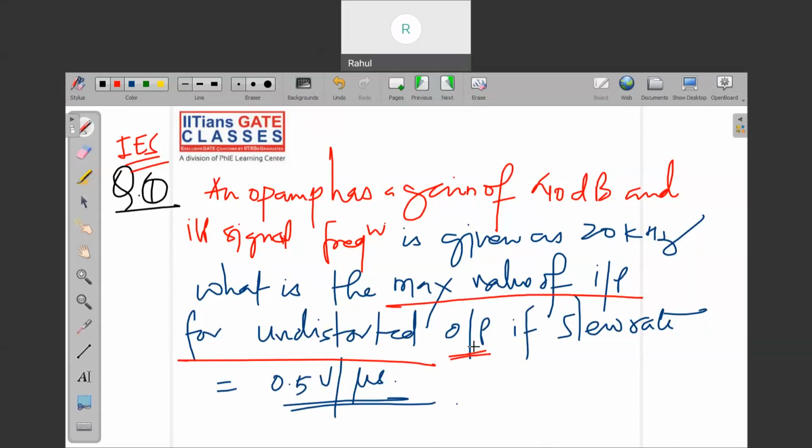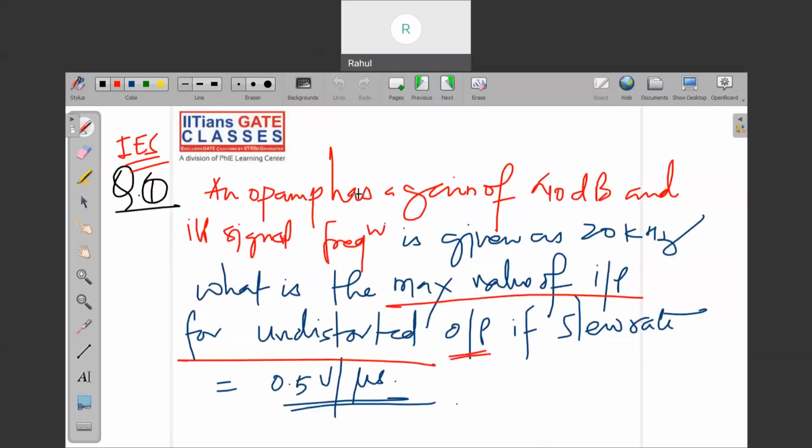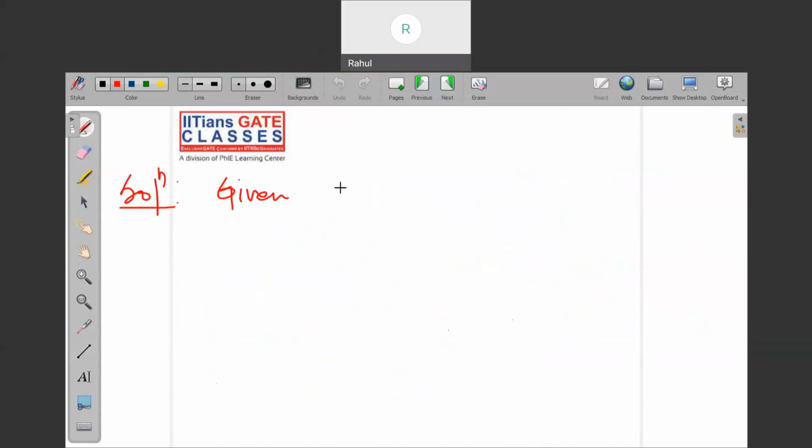So how are you going to solve this? Everything is given here. First of all, you can write down what parameters are given. The gain is given as 40 dB, and the frequency f is given as 20 kilohertz.